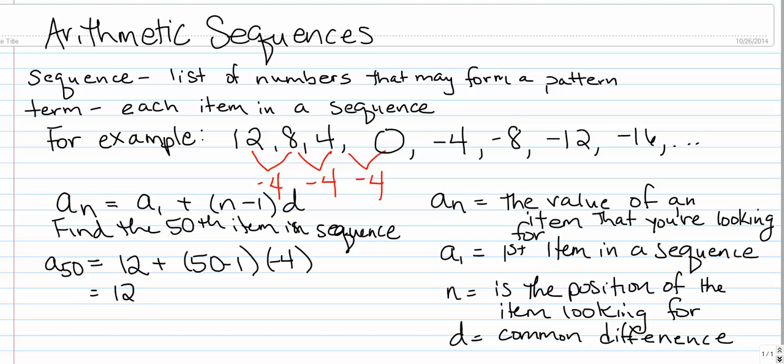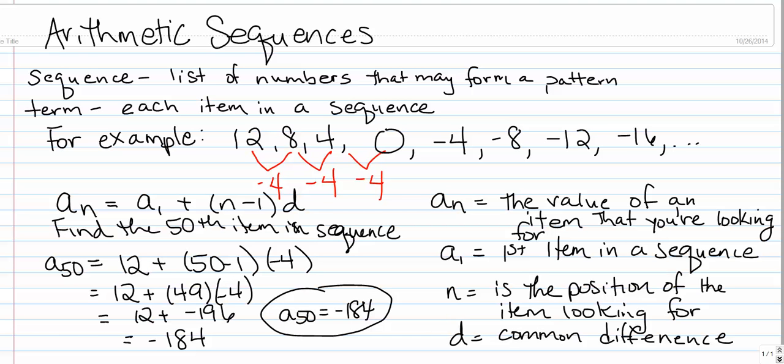So n minus 1 is 49. 49 times -4 is -196. And when I add 12 to -196, I get -184. So the 50th item in the list is -184.